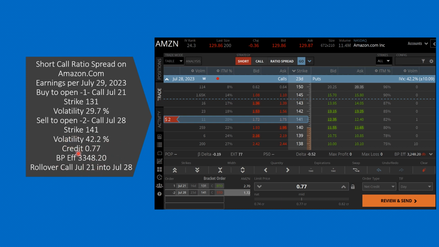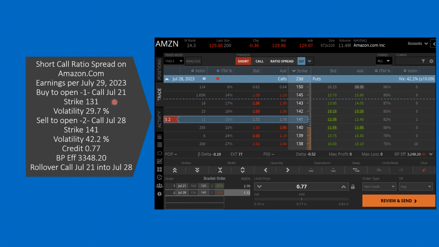That means the margin you would have to deposit, because don't forget one option equals 100 Amazon, so it would be $13,000 more or less, but you only have to deposit this 3,348.